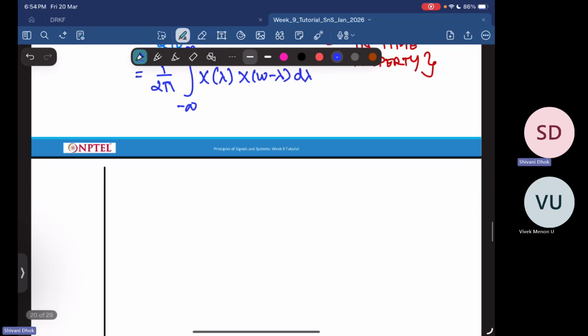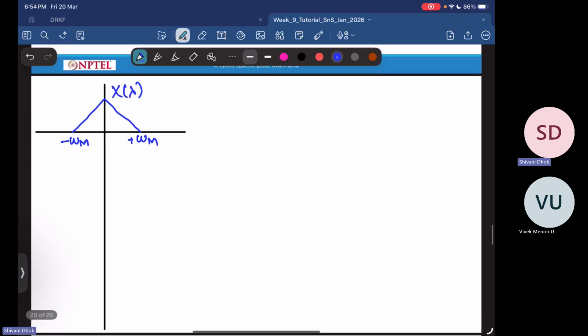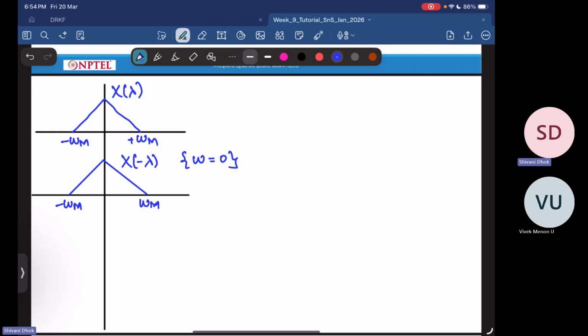So we are interested in X of lambda and X of minus lambda first. So let's say your capital X of lambda is something like this, which is between minus omega m and omega m. Your X of minus lambda will be again the same thing.